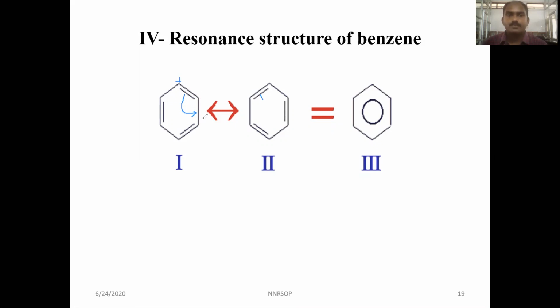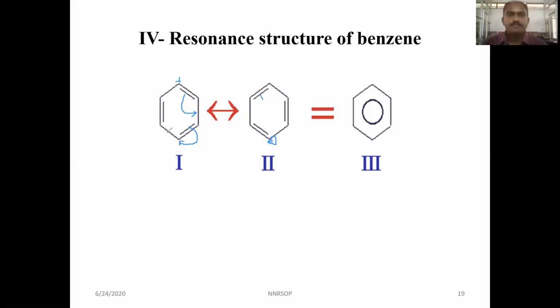a bond. So when the shifting of the bond takes place, this bond shifts to the next carbon and this carbon gets a negative charge. When this carbon gets a negative charge, it will form a pi bond here.